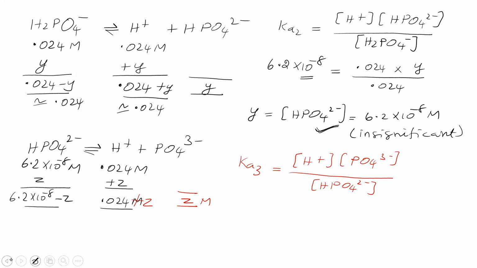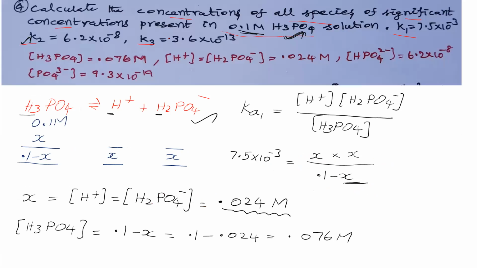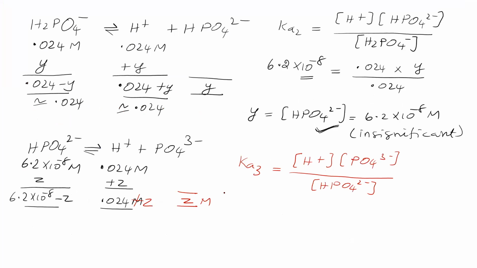Now we will take the Ka3 value. Ka3 is 3.6 into 10 power minus 13, and we substitute that value. For the H plus concentration we neglect Z, so we write 0.024 molar. Why are we neglecting Z?